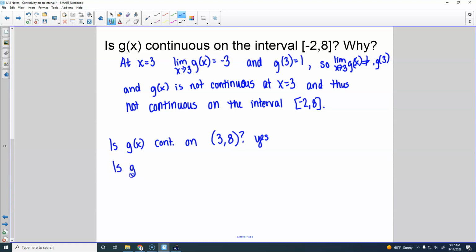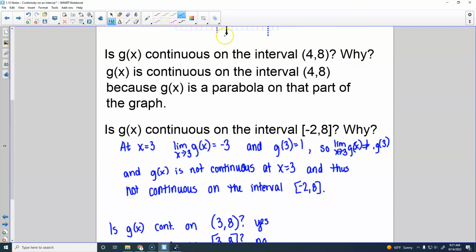Is g of x continuous on [3, 8] with brackets? That would be a no, because our discontinuity is at that endpoint, and that endpoint is included. So it just depends on whether or not those endpoints are where your discontinuity is. For this problem, it didn't make a difference for the ones that I had asked you originally. But it could. Yes, Wesley?